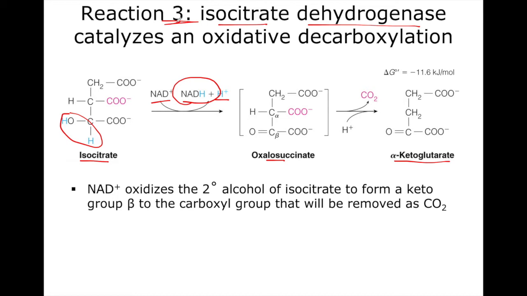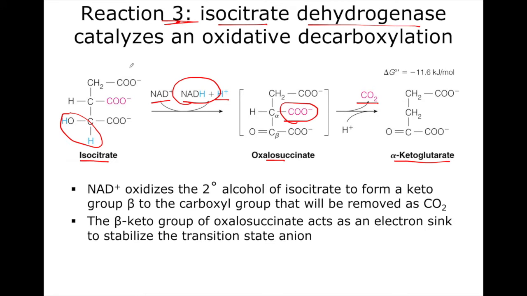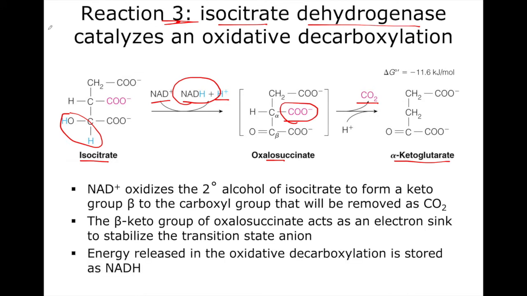So that's very important about reaction 3. Now this is a 2-step process. We have our oxidation, and then we also have a decarboxylation. So we're going to remove a CO2, releasing a carbon dioxide. So a couple of very important things about reaction 3. We produce our first reduced electron carrier.